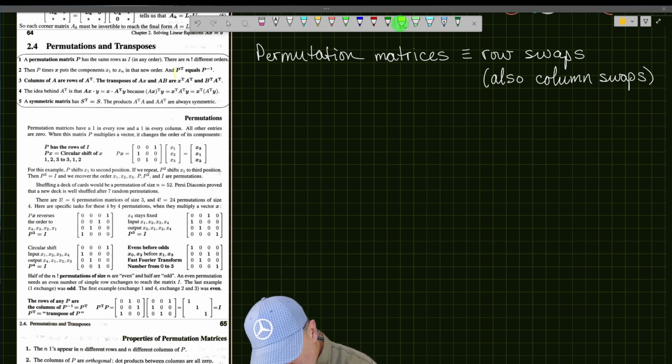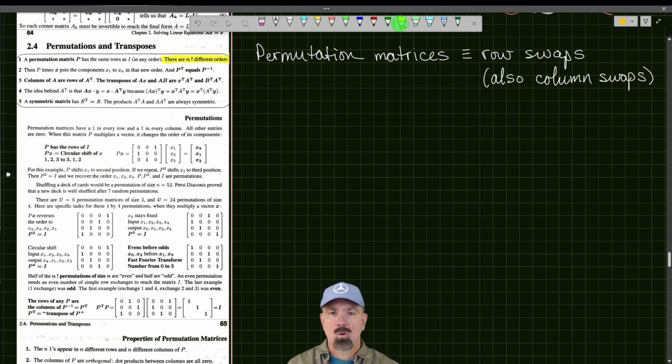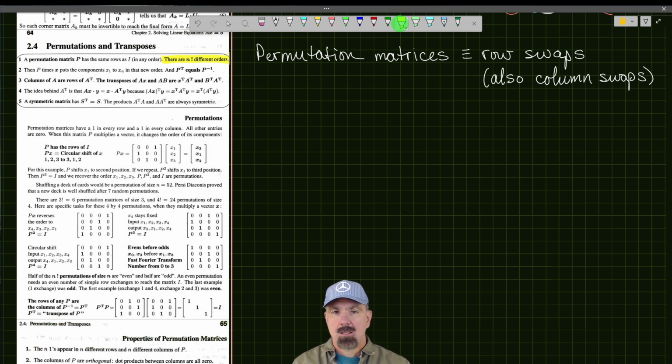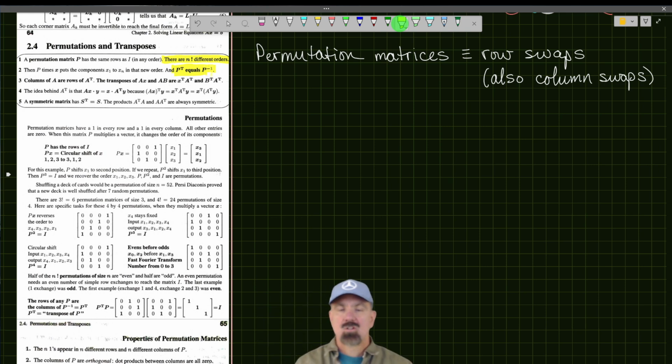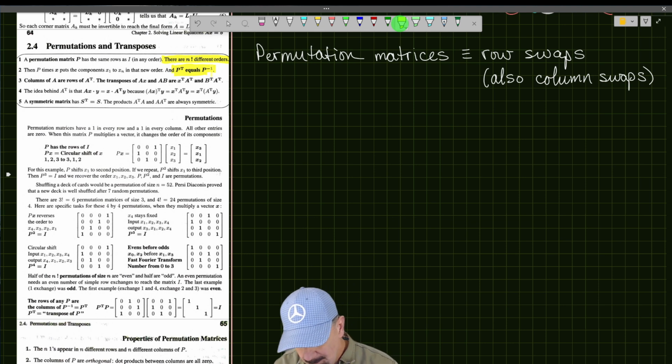We'll talk a little bit about the fact that there are n factorial permutations. For those of you who have not taken probability or statistics yet, this whole idea of permutations is pretty important. One key fact about permutation matrices: the transpose is equal to the inverse, and we'll talk about transposes momentarily.